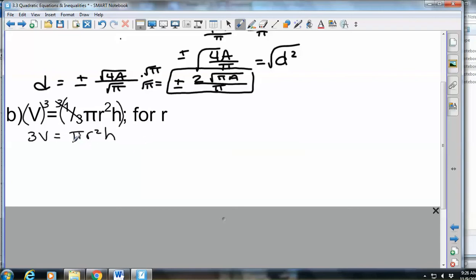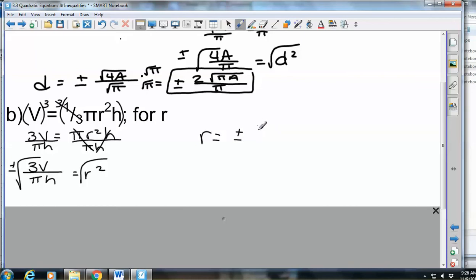R is being multiplied with both the pi and the h, so I'm going to just divide by both of them. Now what? Square root, plus or minus, so I get r equals plus and minus the square root of 3b over the square root of pi h.